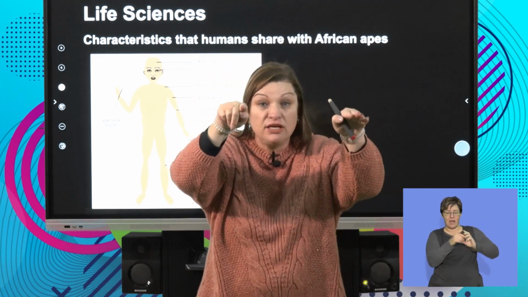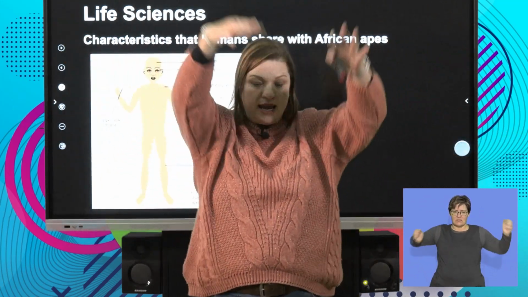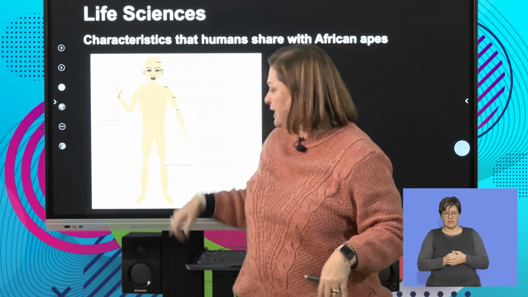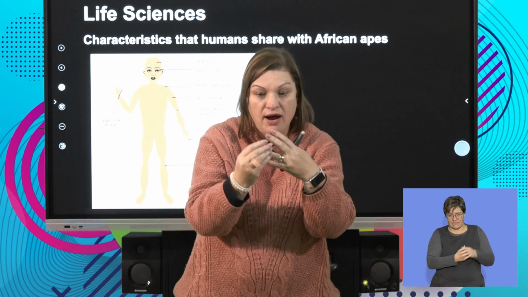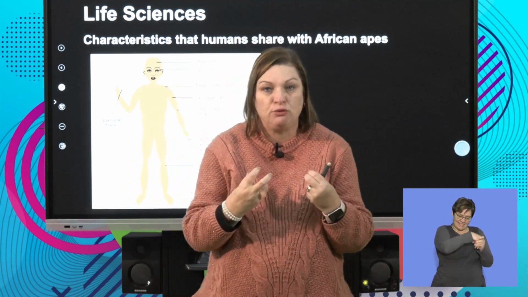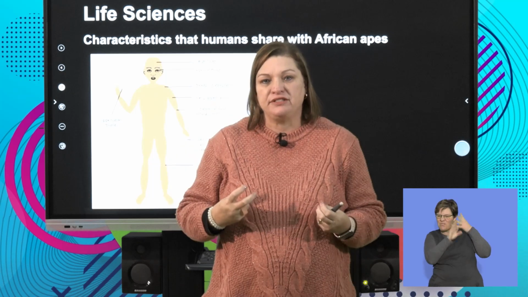The eyes are in the front of my head. My arms can rotate, all right? My legs can rotate. If you have a look at their upright posture, not about walking, right? I've got nails, right? Fingertips with nails. So I'm in the primate group because I have the same characteristics.